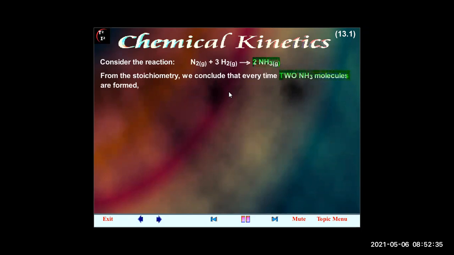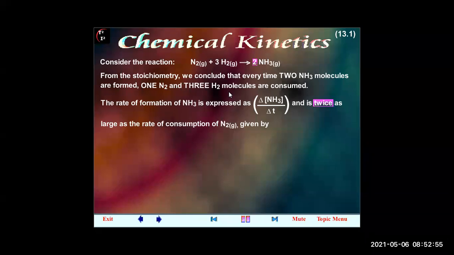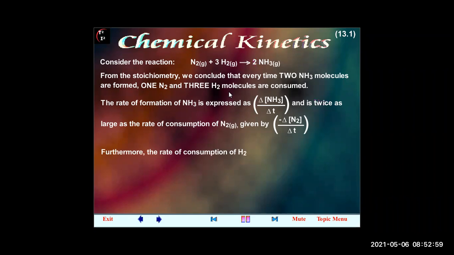From the stoichiometry, we conclude that every time 2 NH3 molecules are formed, 1 N2 and 3 H2 molecules are consumed. The rate of formation of NH3 is expressed as and is twice as large as the rate of consumption of N2 given by. Furthermore, the rate of consumption of H2 is 3 times as large as that of N2.